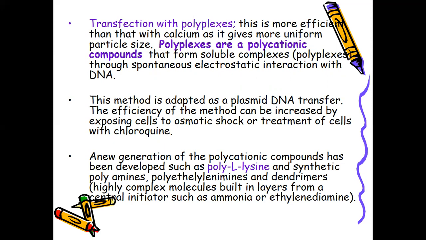The efficiency of the method can be increased by exposing cells to osmotic shock or treatment of cells with chloroquine. Other polycationic compounds have been developed, such as poly-L-lysine, synthetic polyamines, polyethylenimines, and dendrimers.